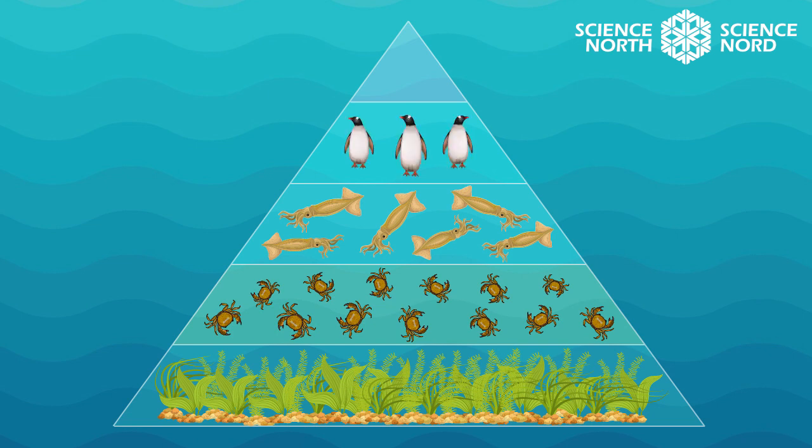Thus, as you move up the energy pyramid, very little energy is left to go all the way to the top consumer. This is why we don't see big populations of the third or fourth consumer, since there is not enough energy to support a large population.